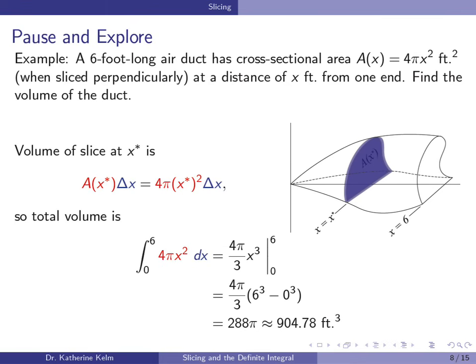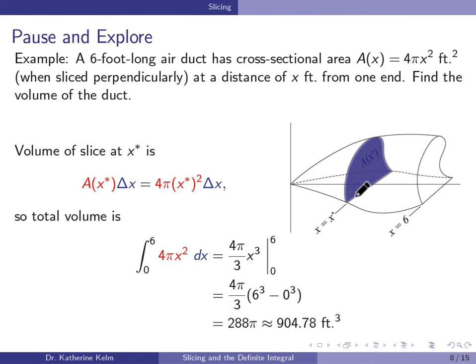Okay, so I've just drawn a sketch. I don't know what this duct looks like, but I've drawn a blobby solid from x equals 0 to x equals 6. At a representative point in between, I've labeled x star, and at this x star, I've drawn a slice.